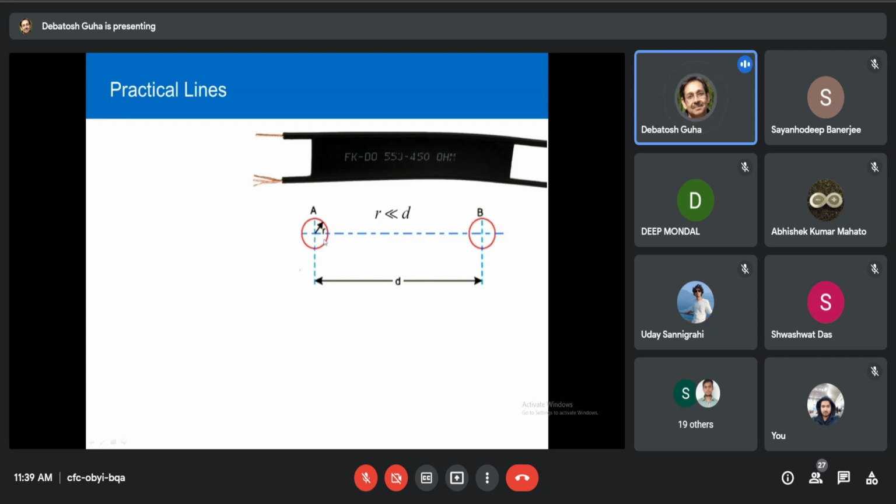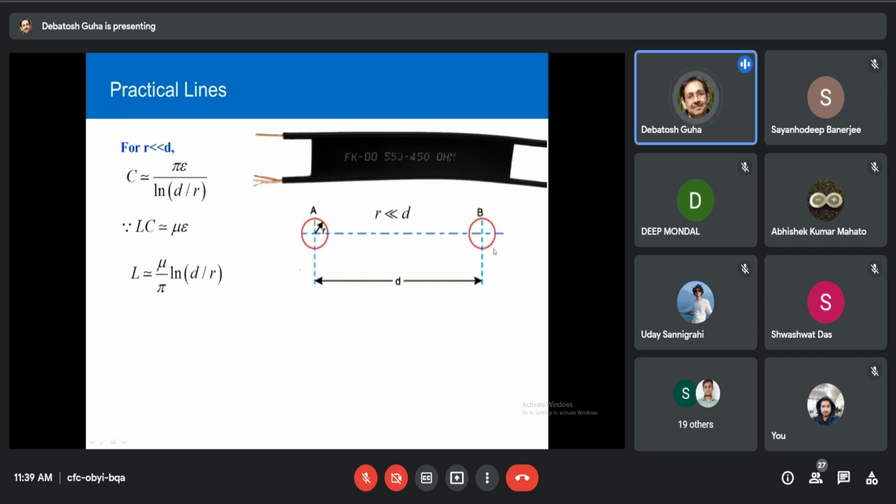Under the condition that the radius is too small compared to the separation, you can directly calculate its capacitance per unit length, and from LC equal to mu epsilon you can find the inductance value.